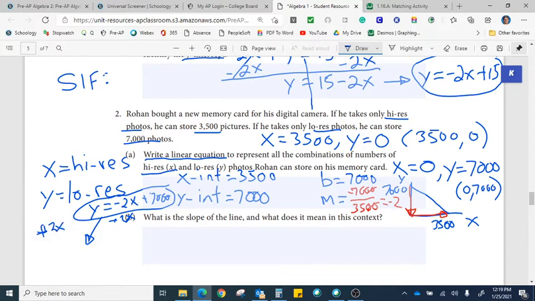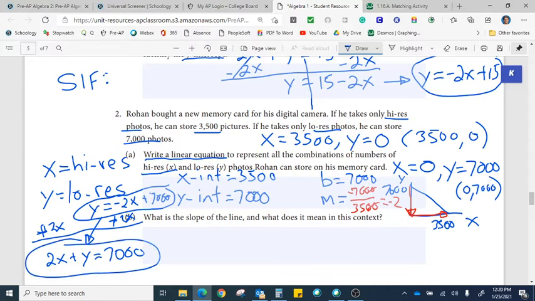You may see students doing this. If you add 2x to both sides, then you're going to get 2x plus y equals 7,000. Either of those answers would work out fine, and there's a lot of ways of figuring out a formula for that one.